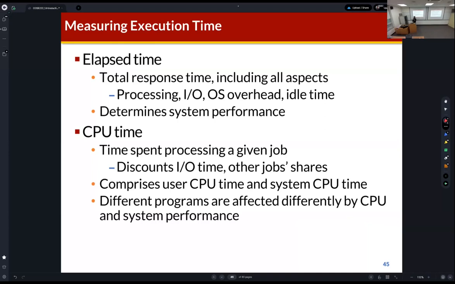So in the previous class, I explained that a computer system is a very complex system. It means a computer system is composed of many different components, right? So we already learned a computer system is composed of CPU and main memory, storage, and I/O devices. Also, in order to run software, we require operating systems.